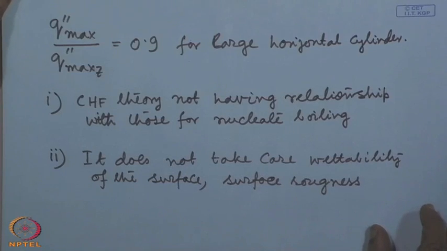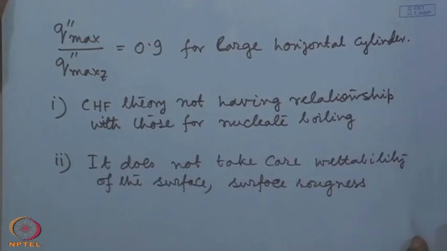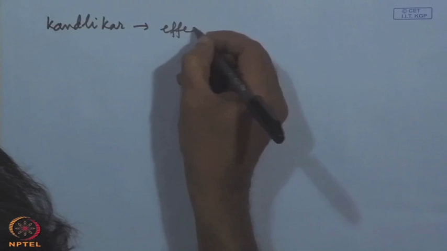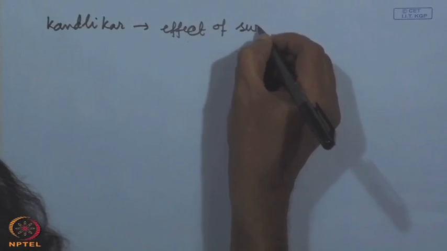Due to lack of time we are not going into this, but basically from the force balance and from the methodology which Joubert has mentioned, there have been efforts to include the effects of wettability, contact angle, etc. One relationship probably can be told, that is due to Kandlikar. So, Kandlikar has taken care of the effect of surface wettability.